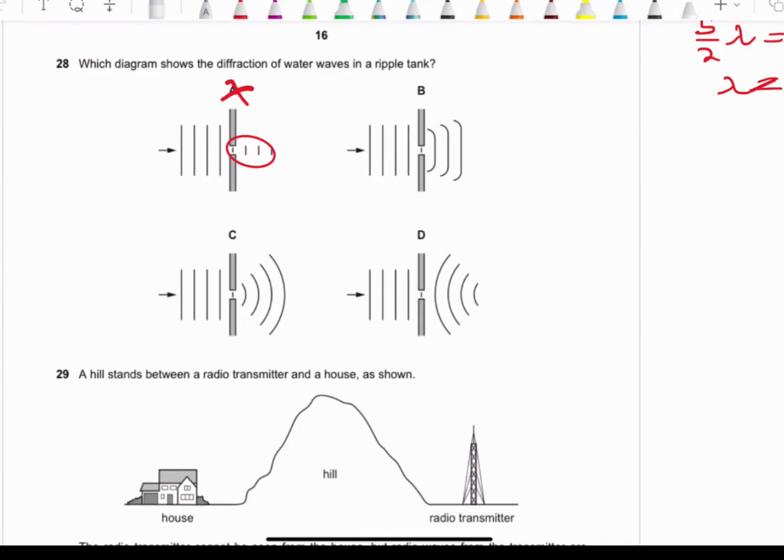So let's assume that for this to be correct, obviously B is wrong, but it's correct provided that the gap was something like this. This was the only situation in which this wave was going to be diffracted, because the amount of diffraction decreases the bigger the gap gets, right? So it's not that, because it's very, very small.